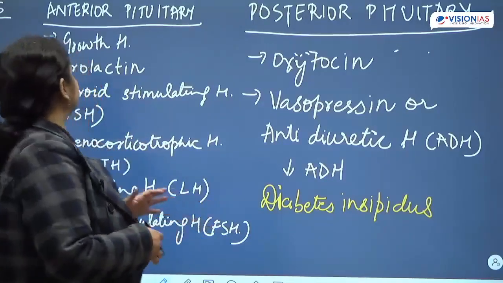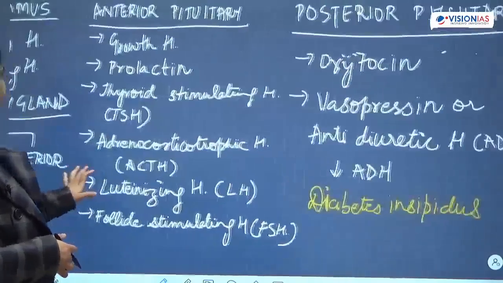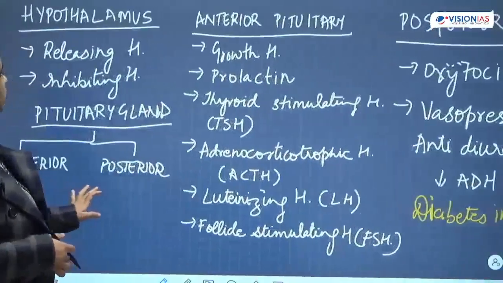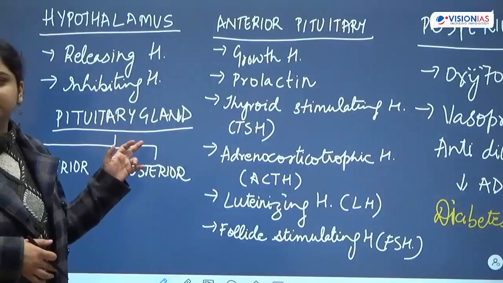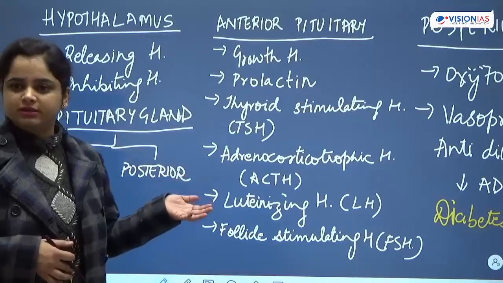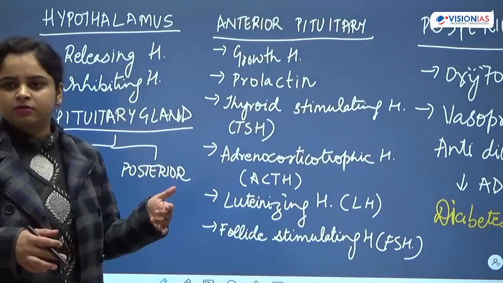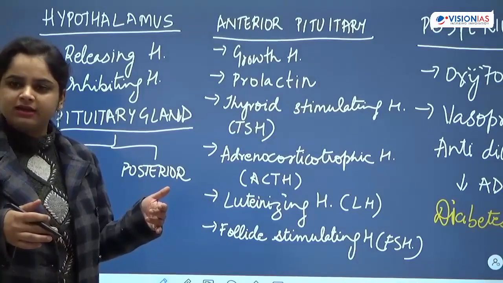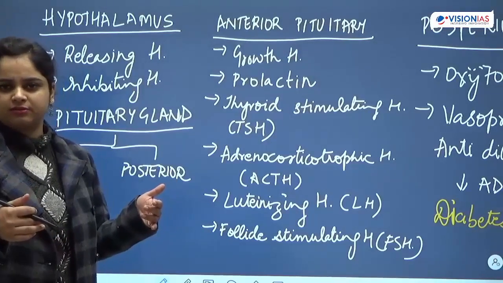Like we did these two hormones here. So, when releasing hormones increases, then pituitary's hormone will also increase. That's their feedback. So, once the level of one decreases, the level of other will also decrease.